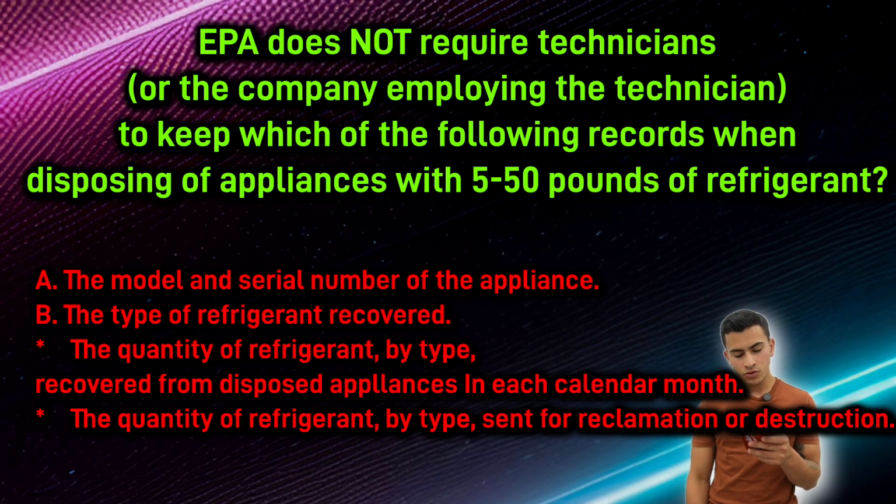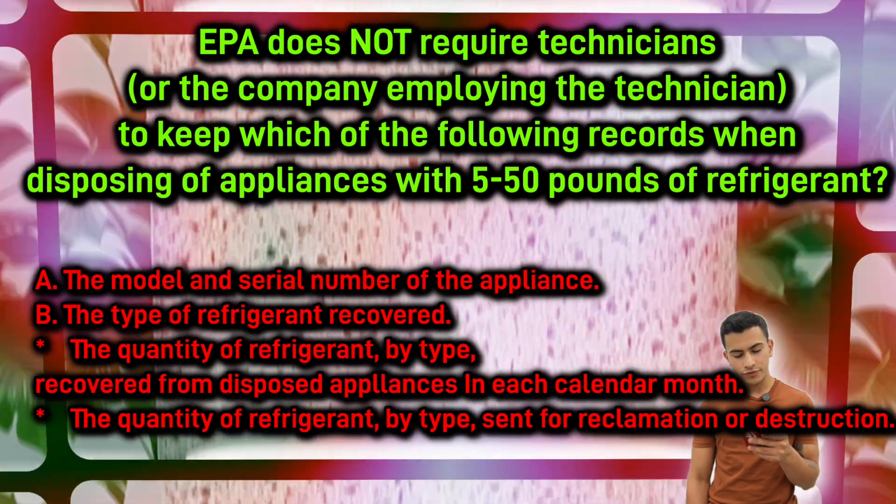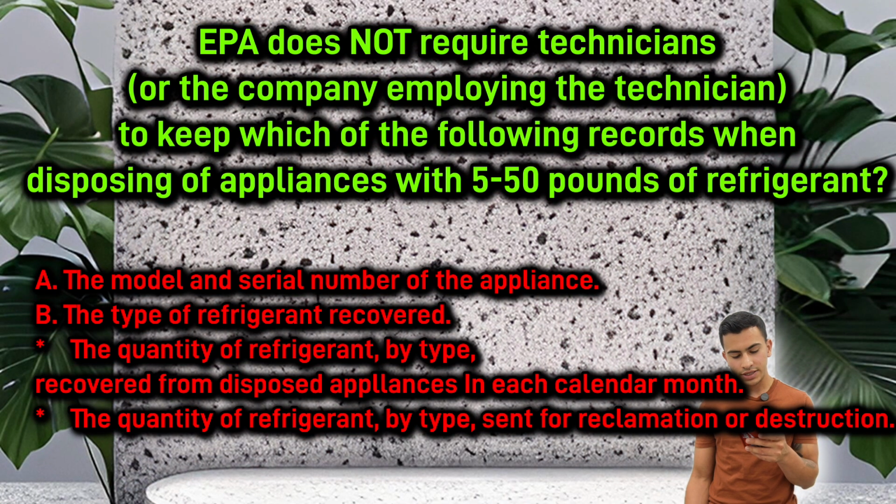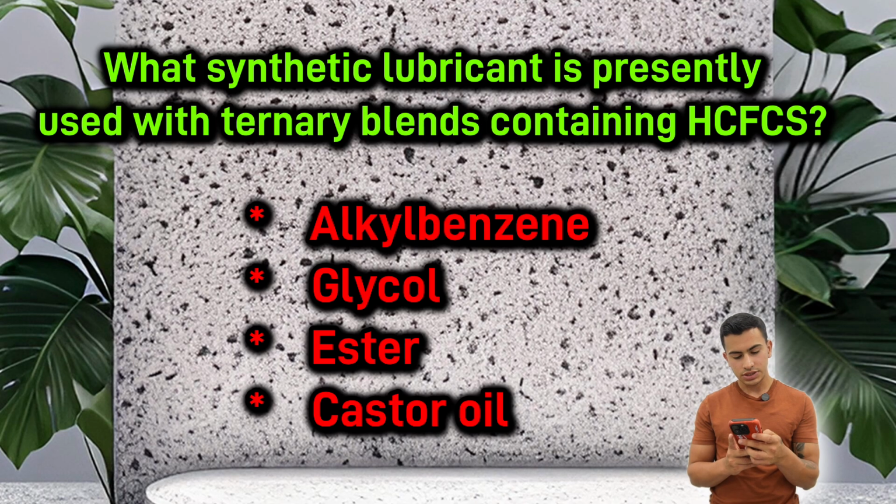The model and serial number of the appliance, the type of refrigerant recovered, the quantity of refrigerant by type recovered from this disposed appliance in each calendar month, the quantity of refrigerant by type sent for reclamation or destruction. So the answer for number 15 will be A, the model and serial number of the appliance.